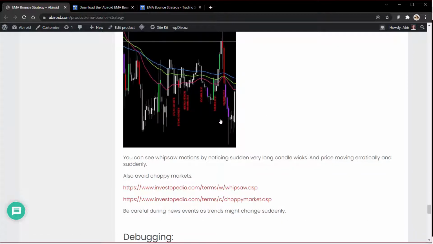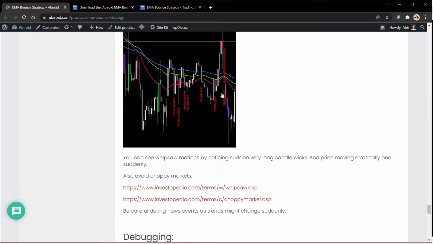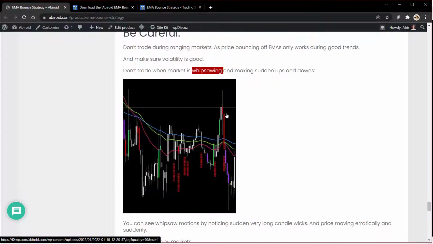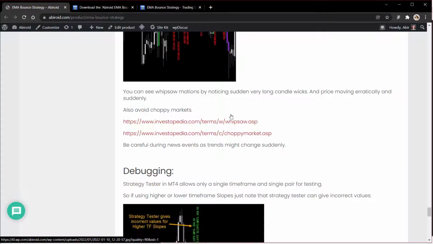And when you see these really long wicks, in that case, your stop loss might get hit quite easily. Like see this one. So don't trade when you have sudden market changes, and don't trade when market is very slow and ranging. You can check out these Investopedia articles which show you what choppy market looks like, what whipsaws are.